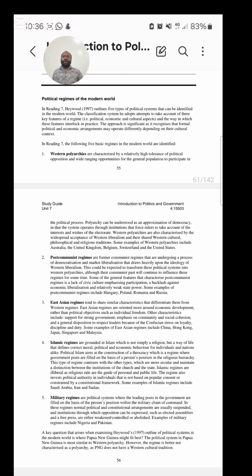Now a detailed explanation of it is found in your reading 7 by Axford, 1997, okay? So he outlines the 5 types of political system that can be identified in the modern world. So we are looking at classification from Aristotle's view.